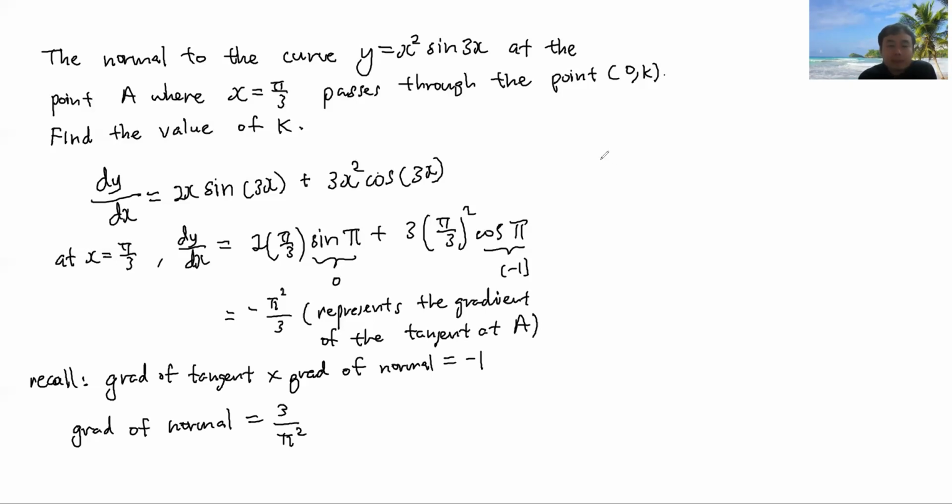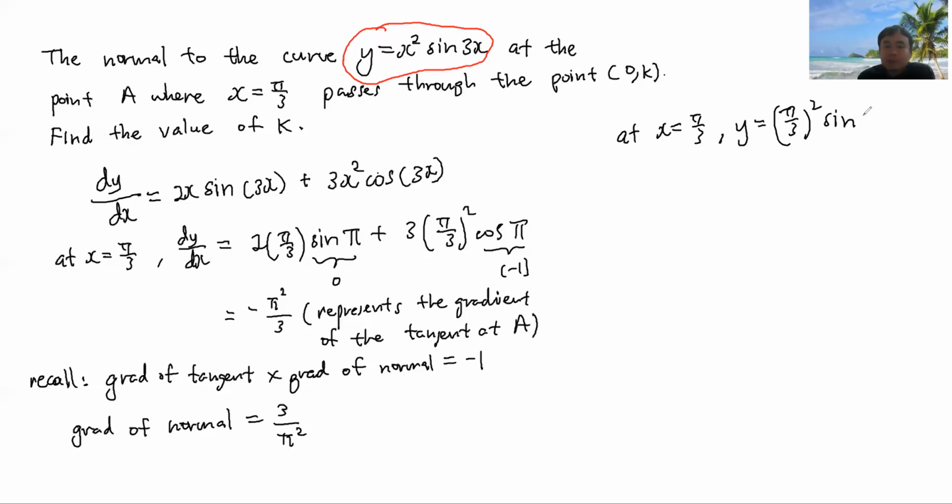Let's find the coordinates of point A. At x equals pi over 3, take note that point A lies on this curve also, so I can use this curve to find the y coordinate of point A. At x equals pi over 3, y equals pi over 3 squared times sine of 3 times pi over 3, which is pi, and sine pi is 0.